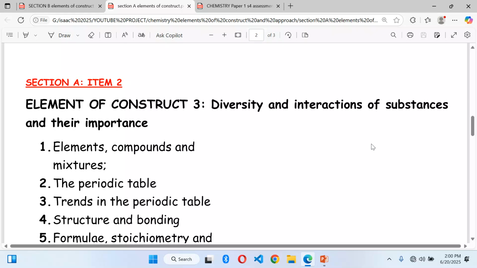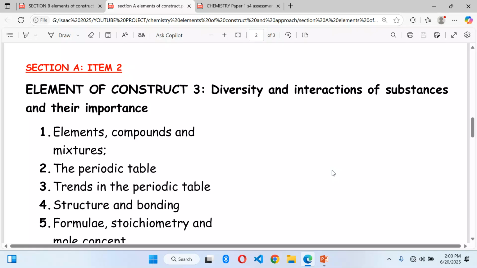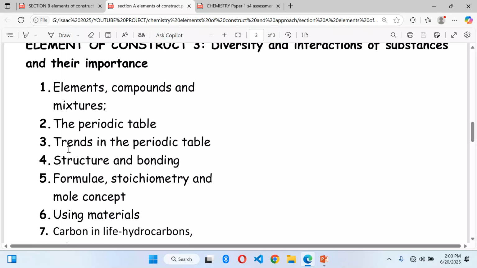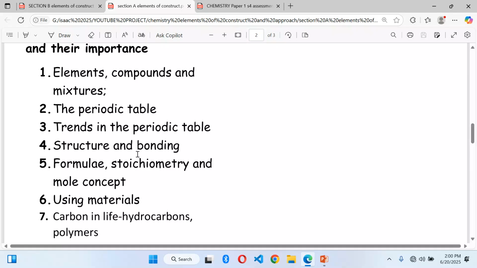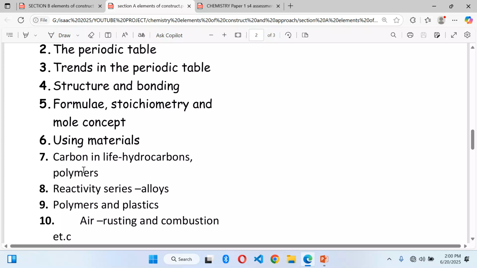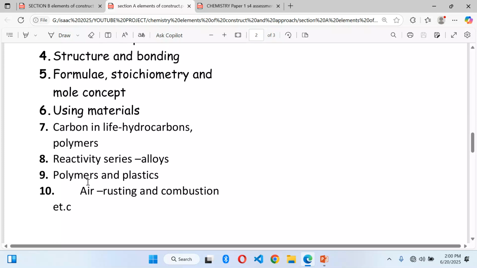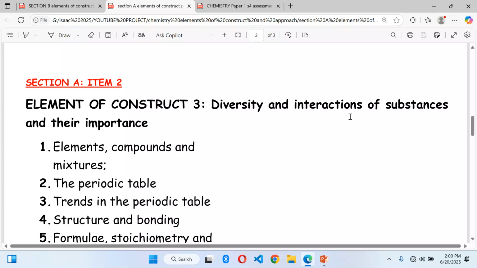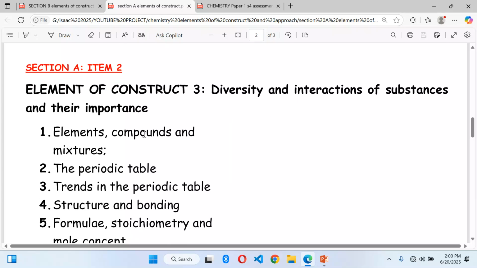And when you look at this element of construct, talking about diversity and interactions of substances and their importance, it's where you have elements, compounds and mixtures, periodic table, trends in periodic table, structure and bonding, formulae, stoichiometry and mole concept, using materials, reactivity series, and other topics, but those topics which are specifically looking at the diversity of and interaction of substances and their importance.